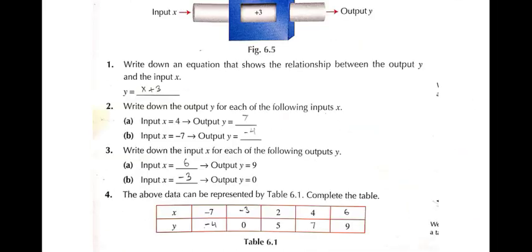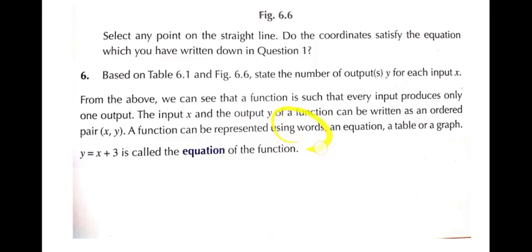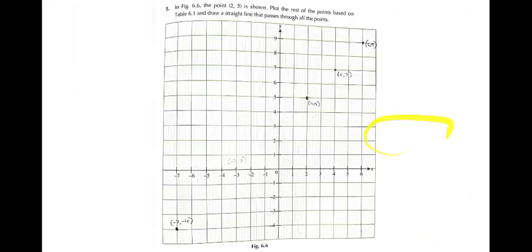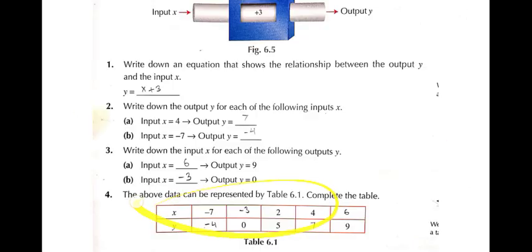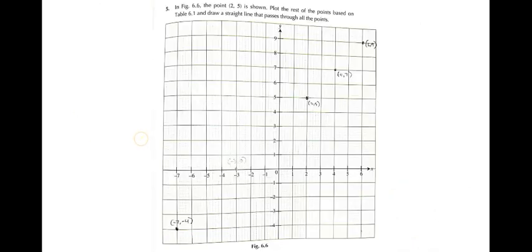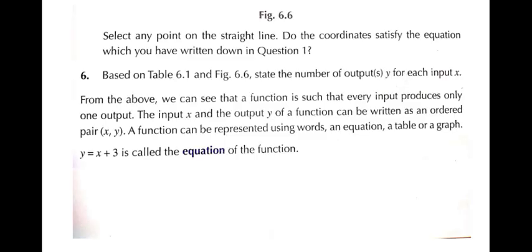This is an example of showing a function in words. This is showing a function in equation, right? Table here, and lastly the graph is here. So there are 4 ways you can use to represent a function.